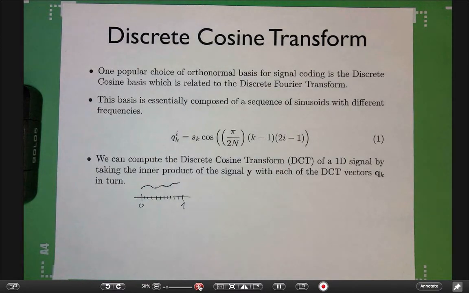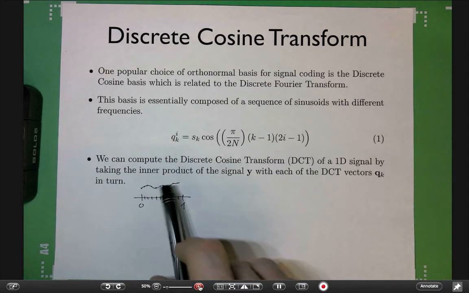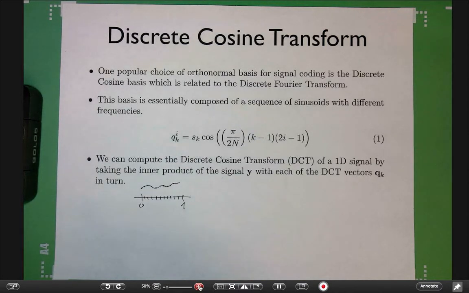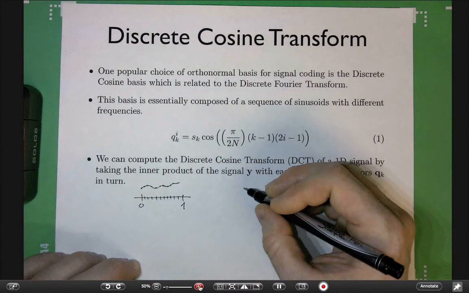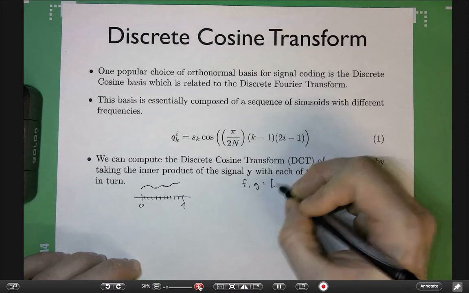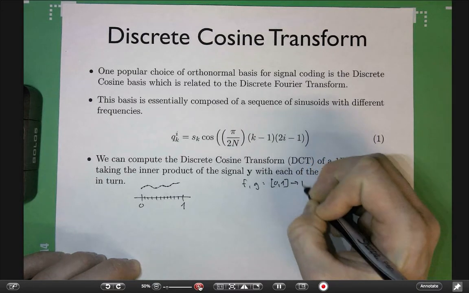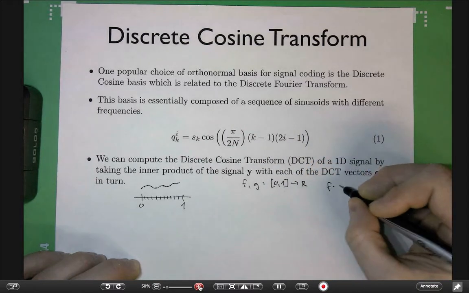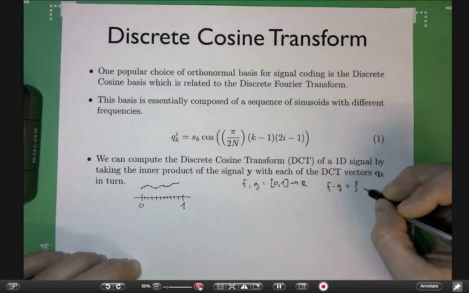But mathematically, it's different, because the continuous function has infinitely many variables, as opposed to the discrete sampled function, which has only finitely many variables. Do you know what a dot product is for functions? It's just the integral. If I want to do a dot product between functions f and g, which are both functions from 0 to 1 to R, then the dot product f dot g is just the integral of f times g.